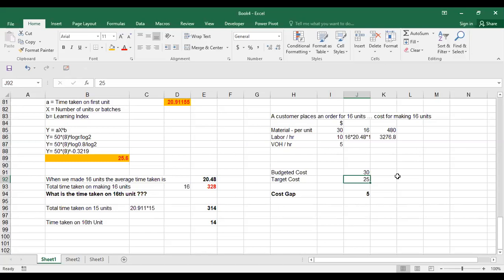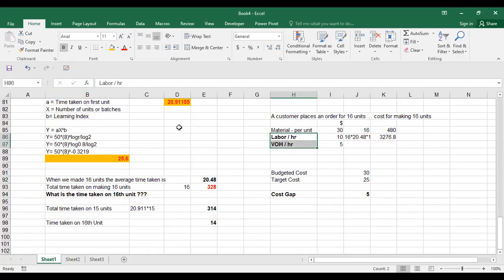And I cannot imagine an F5 paper without testing your skills or knowledge or understanding of learning curve. So there are two things to it. One is the concept. You understand what it is. Which costs does it impact? It impacts your labor and variable overhead. It does not impact material. It does not impact fixed overhead.